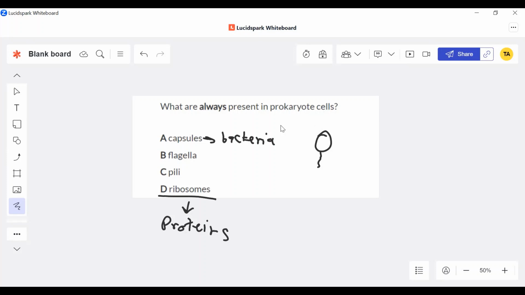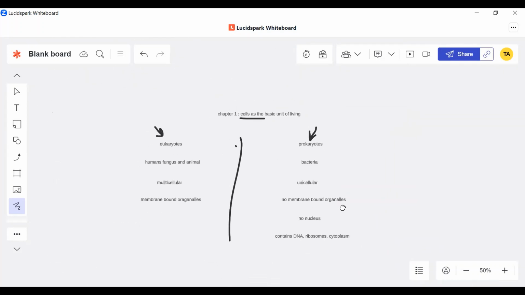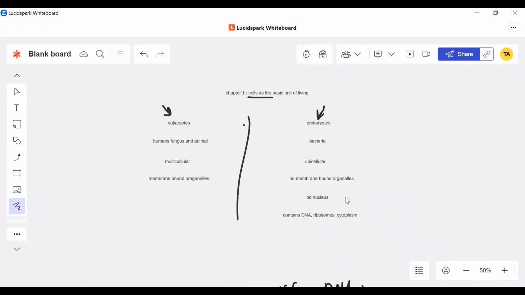So ribosomes make proteins, and proteins are found in all prokaryotic cells. And I've also mentioned it right here in the starting. Yes, right here. All of the prokaryotes contain DNA, ribosomes, and cytoplasm. And DNA is the genetic material which is found in all cells.